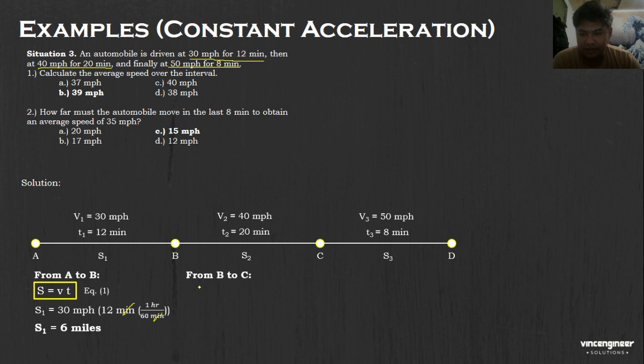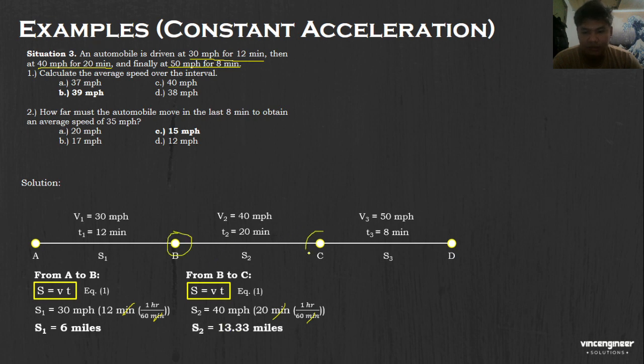From B to C, again S equals vt. Substituting, S2 equals 40 times 20, again times the factor of 1 hour over 60 minutes to get hours. So from B to C, the distance is 13.33 miles.